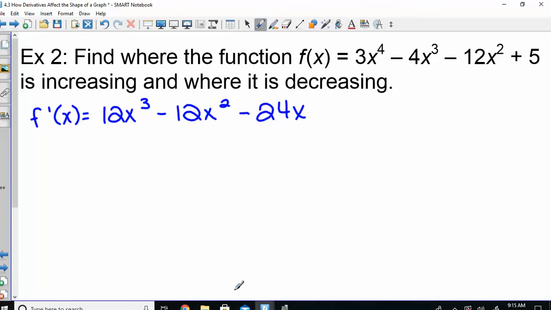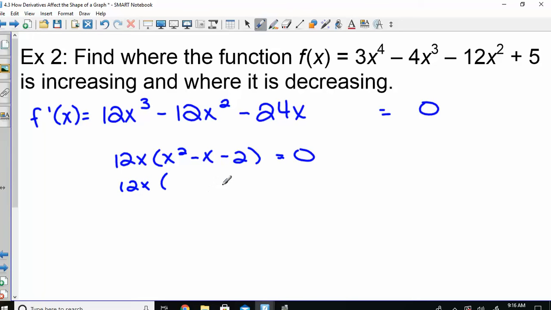So there's my derivative. I need my critical points, which is when this thing equals 0. How will I find that? What could I do? We take out 12x. I'll use this with x squared minus x minus 2.